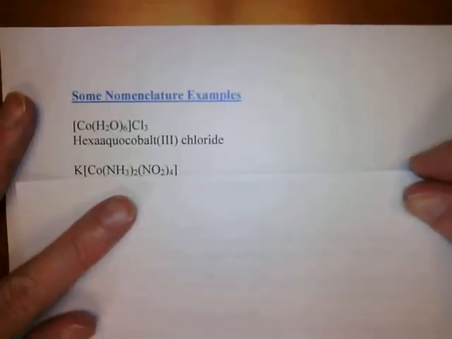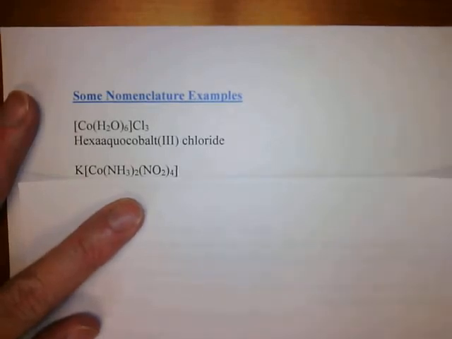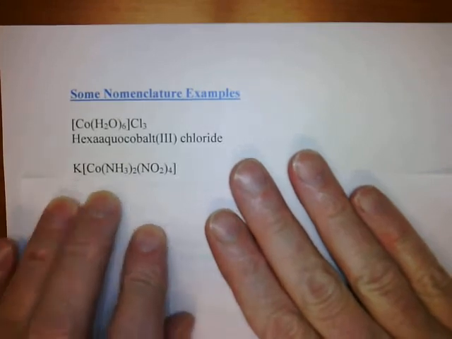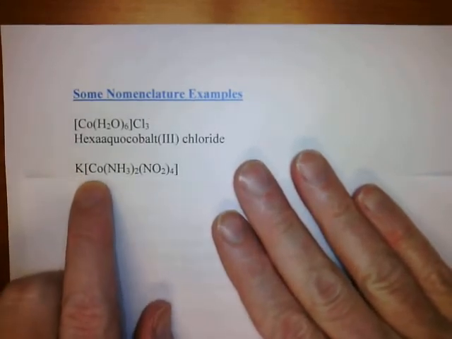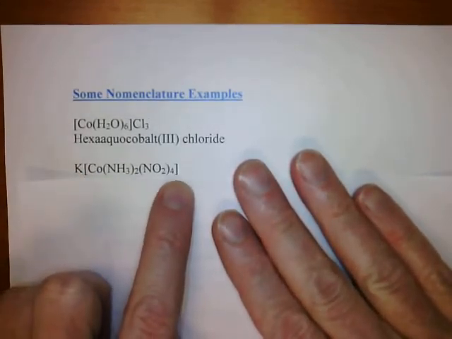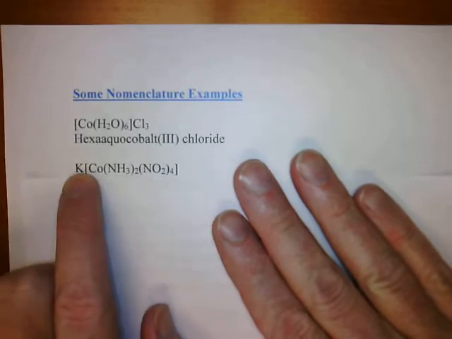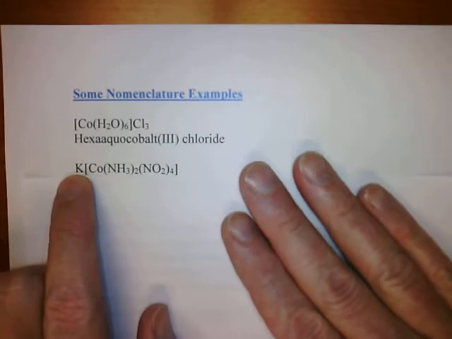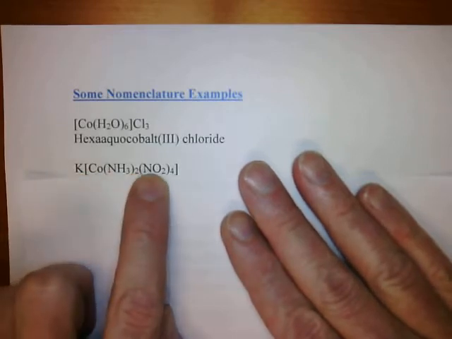So let's look at another one. How about this one? Now the complex ion is the negative part of the molecule, because we have this potassium sitting out front. So this is the positive part of the molecule, and this is the negative part.